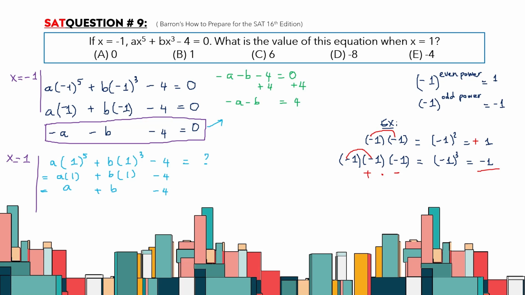And if we factor negative 1 out, we have a plus b equal negative 4. So in this step, I multiply both sides by negative 1.